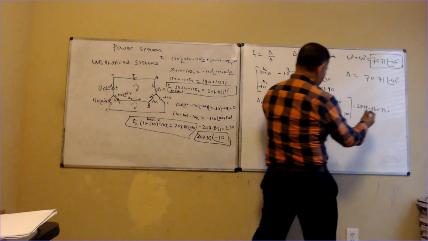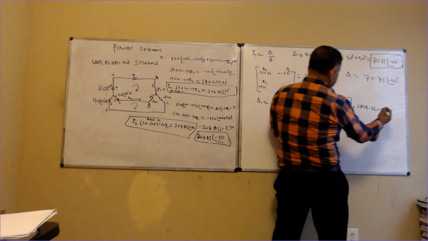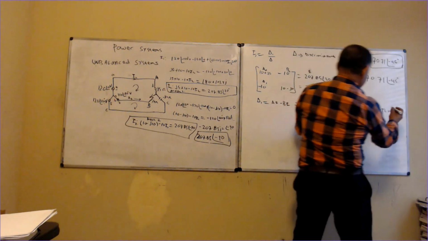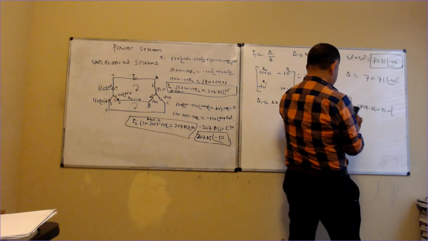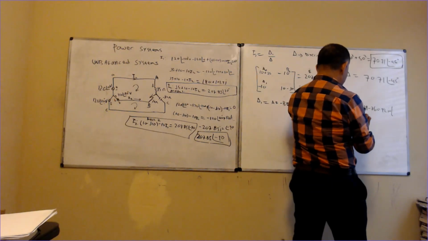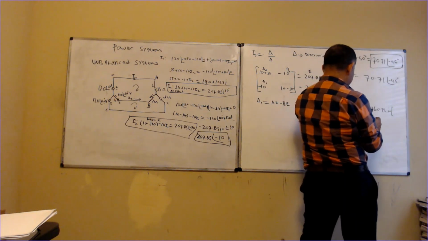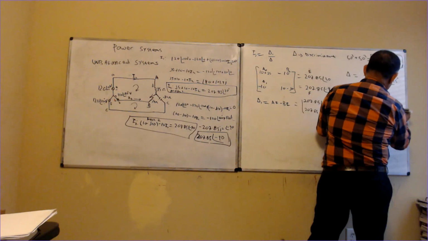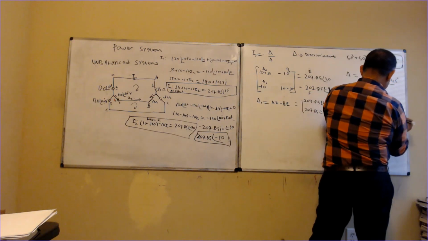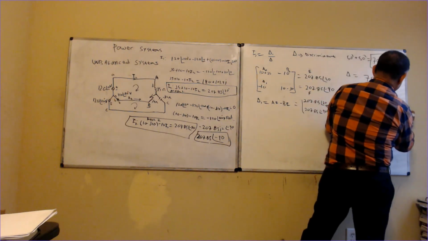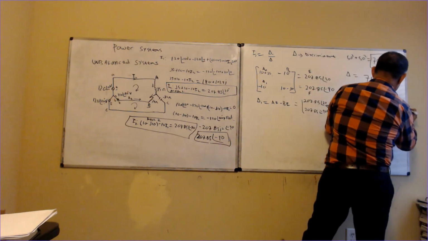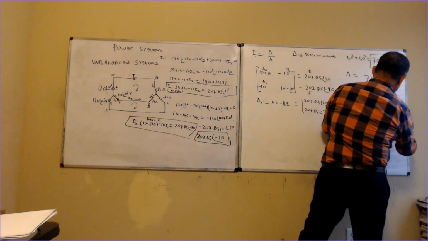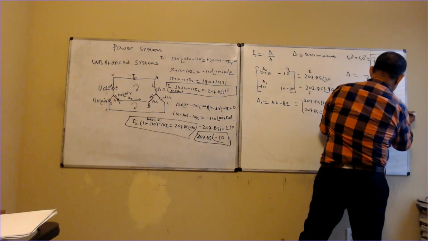Okay, and this is equal to minus, and I will put right here in bracket, that is equal to 28.78.5 J. 0.5 J.